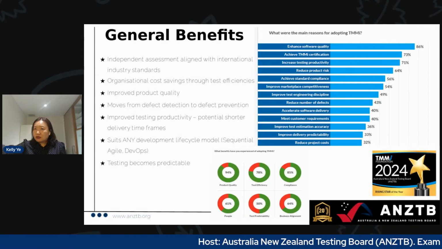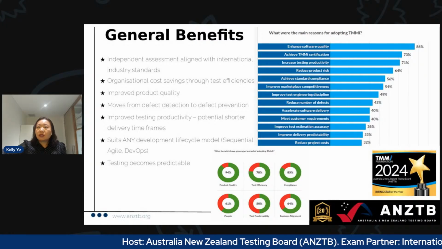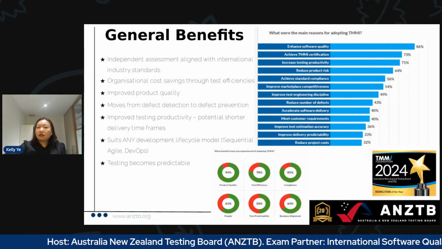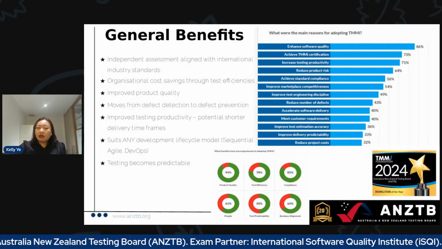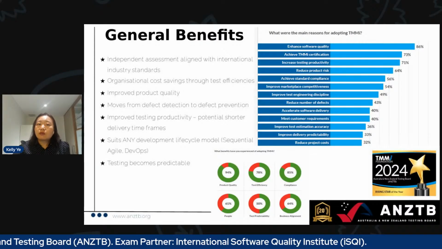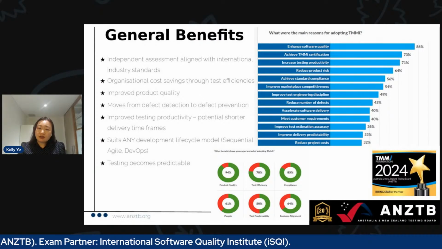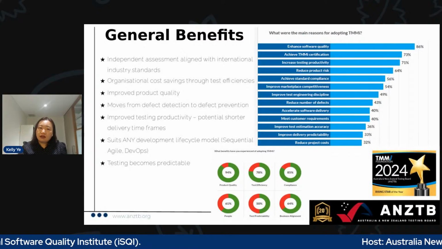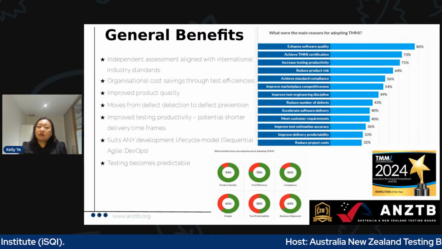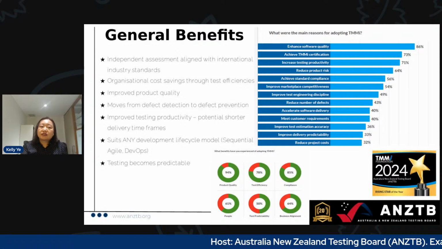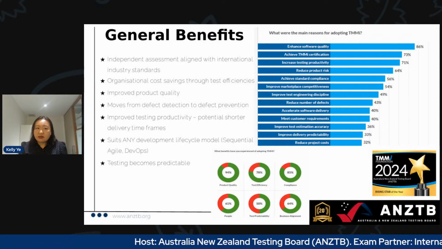They know the career path, with the TMMi level 3 testing training program, and it increases employee satisfaction as well. People know the goal. People will be happier to learn and upskill, and they will feel more loyalty to your organization as well.